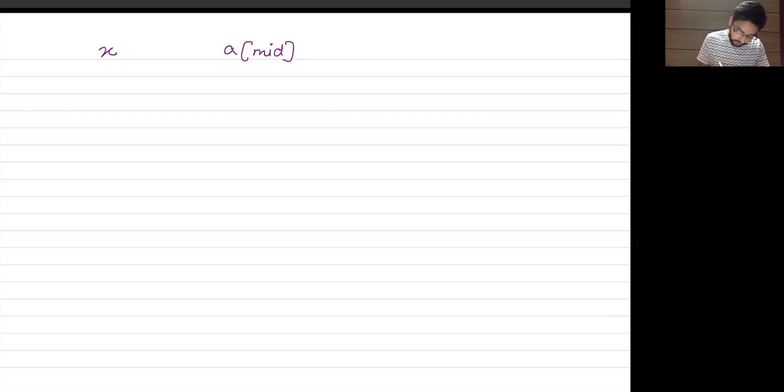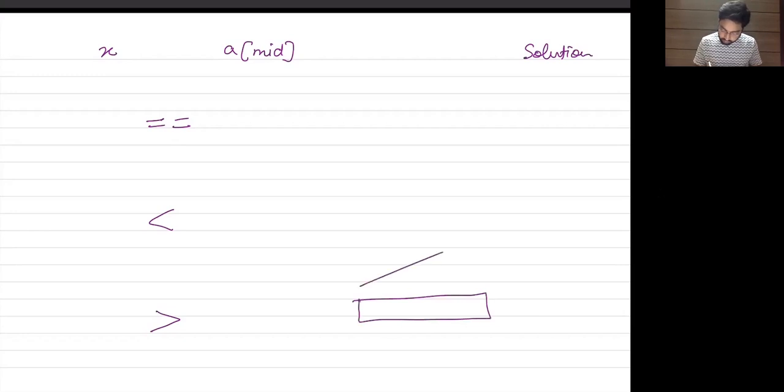So there are three possibilities. Either x can be equal to the mid element, or x can be less than the mid element, or x can be greater than the mid element. And then you want to find the solution. All right.